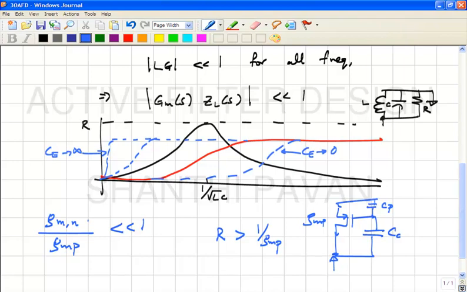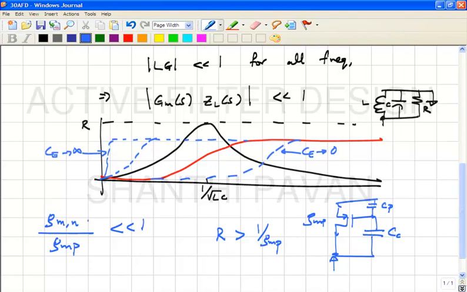If you want to make the gain very small, for a given GMN, what do you have to do to the transconductance of the PMOS device? You would like to make GMP much larger.